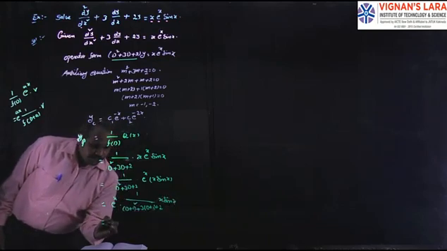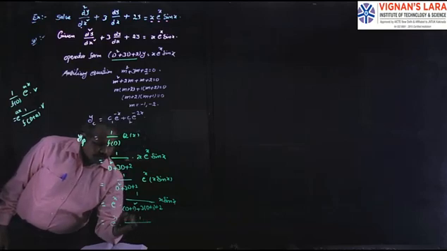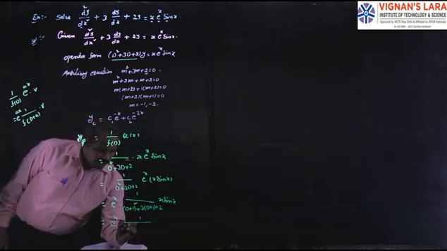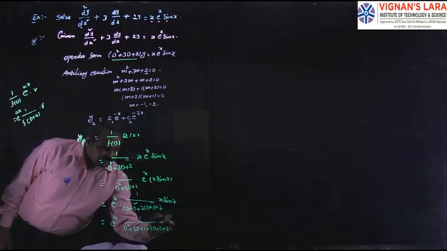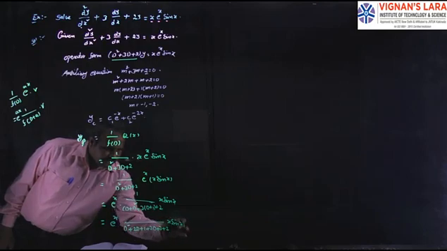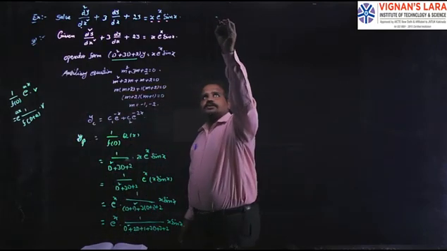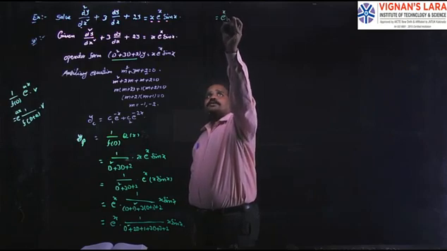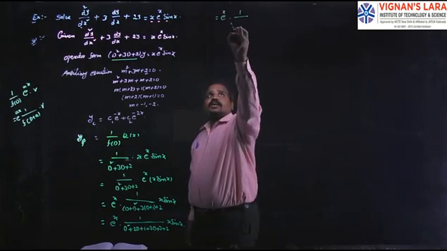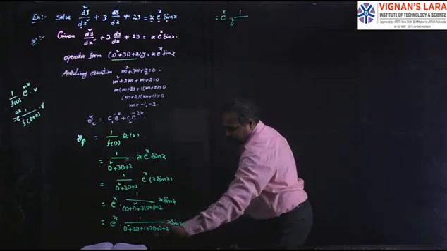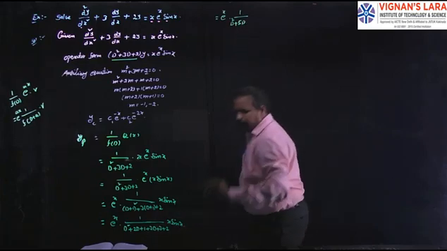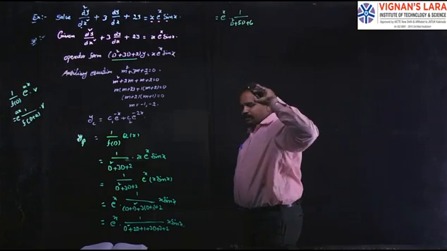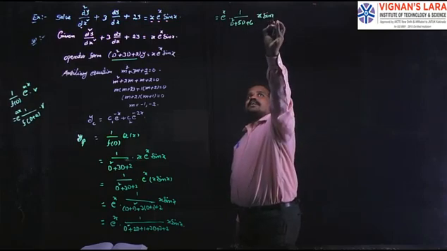Now simplify this one: e power x into 1 by d square plus 2d plus 1 plus 3d plus 3 plus 2 into x sin x. Simplify this one, which is equal to e power x into 1 by d square, single term d square, 3d plus 2d is 5d, d square plus 5d, constant terms 1 plus 3 plus 2 is 6, d square plus 5d plus 6 into x sin x.